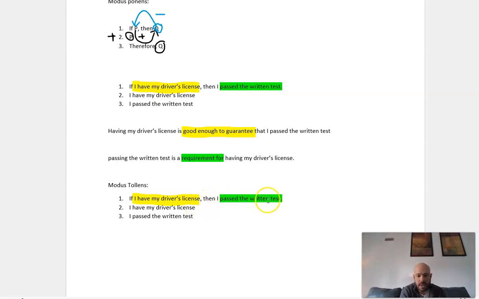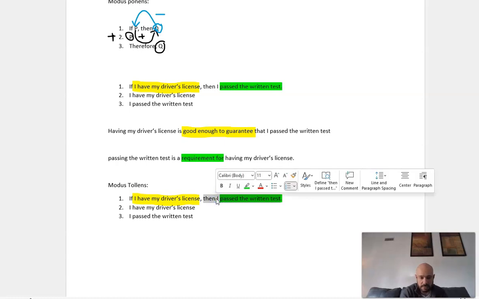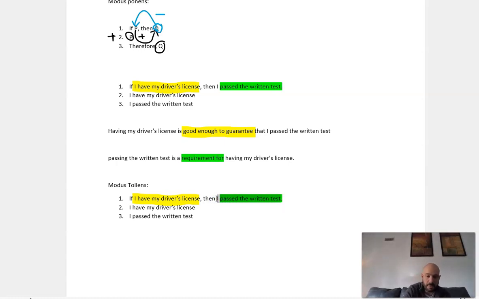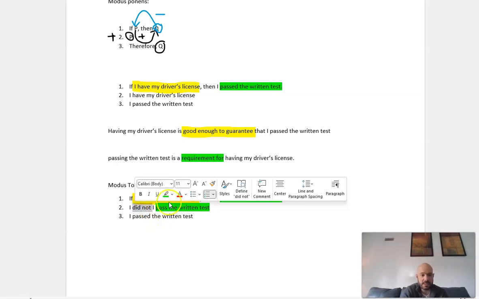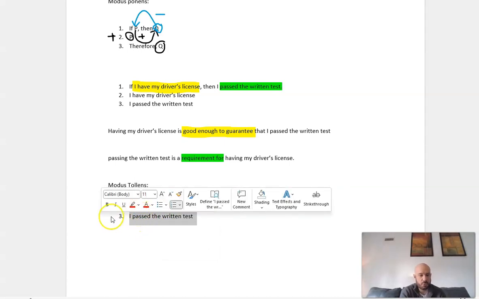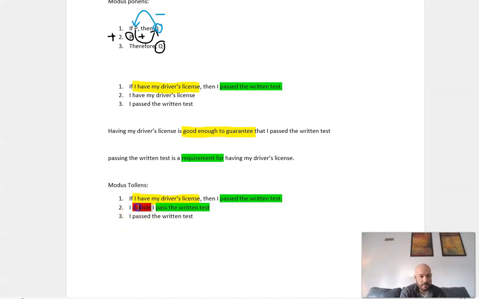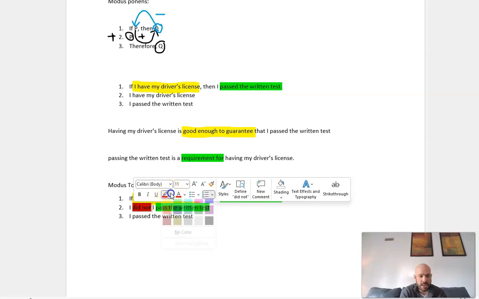So what we do here is we negate the necessary condition. Remember, the necessary condition is a requirement for the sufficient condition. So here we say I did not pass the written test.